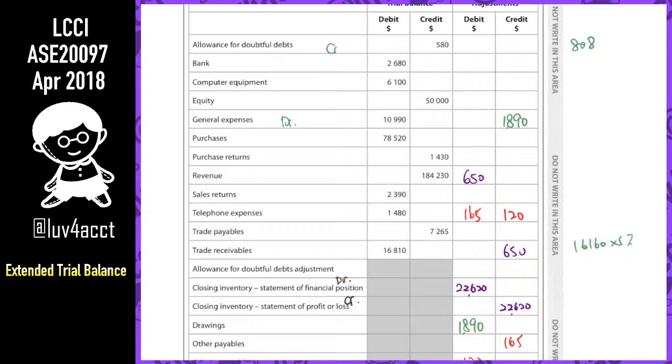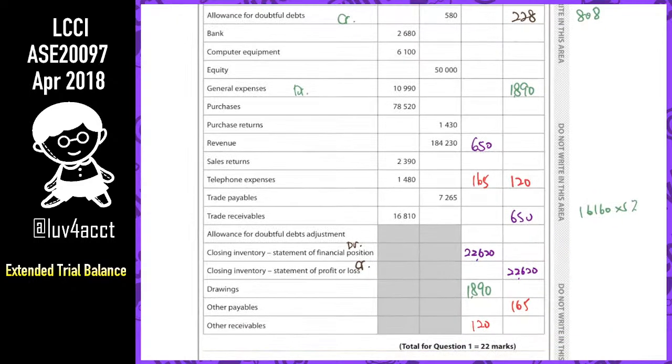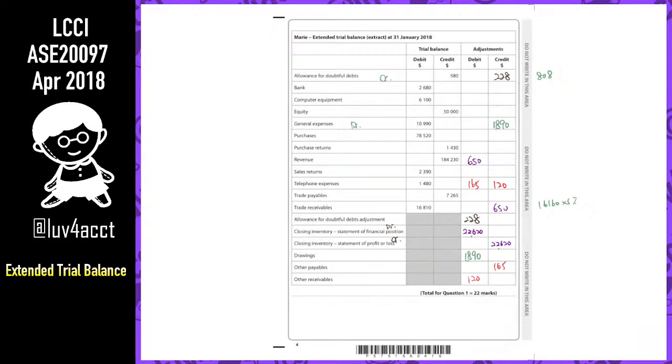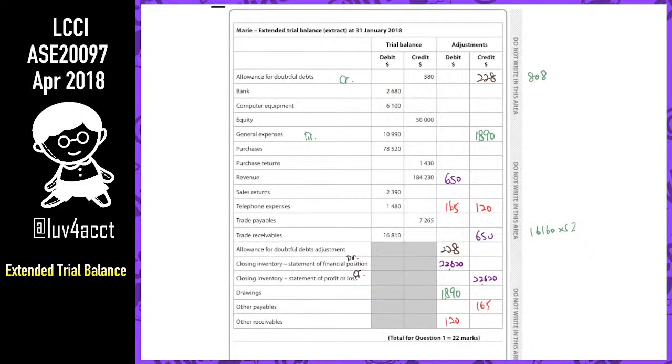Allowance for doubtful debt is on the credit side, so 228 here. Let me use another color. 228 here, and then allowance for doubtful debt adjustment 228 here. We finish.